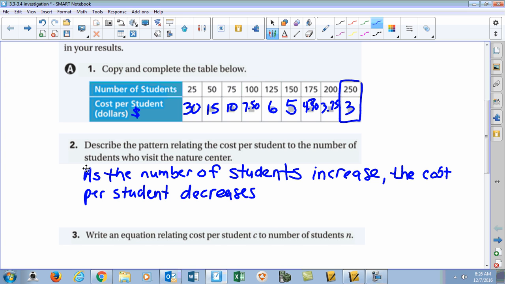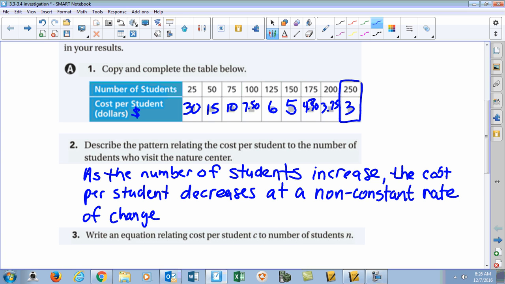No. So we're going to say at a non-constant rate of change. We're automatically telling them in the description of this pattern that this isn't linear because there's no constant rate of change. You should be writing that. So as the number of students increase, the cost per student decreases at a non-constant rate of change.